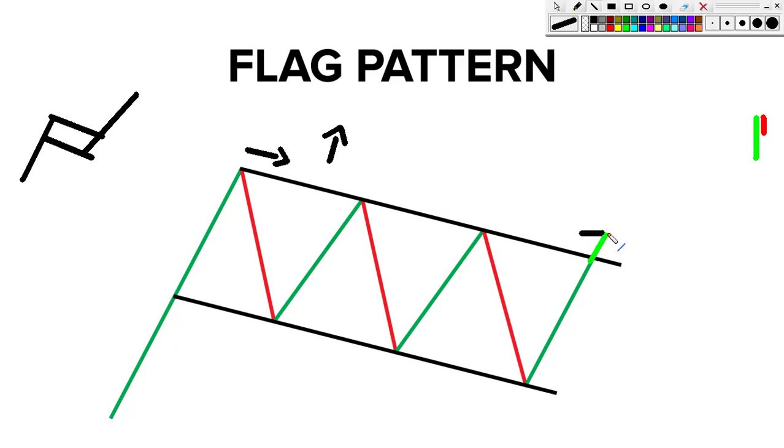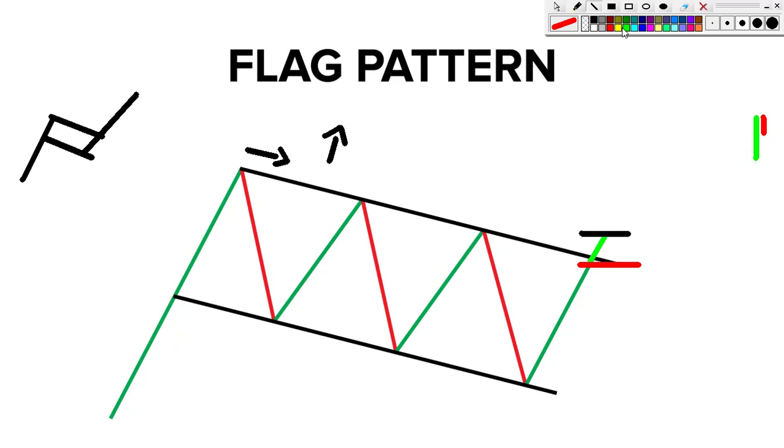Where would you want to put your stop loss? Right below here, right below the strong resistance, which in this case will become strong support. Of course, where would you love to take profit?